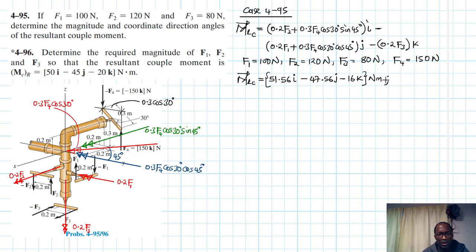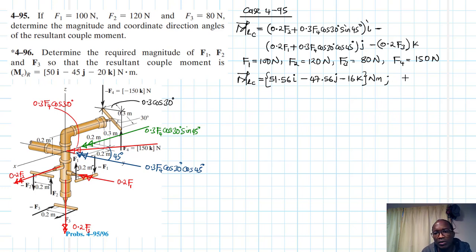Let me just check this again: 0.2 by 100 plus 0.3 by 150 cos 30 sine 45, 47.56. And 0.2 by 120 plus 0.3 by 150 cos 30 sine 45, 51.56.